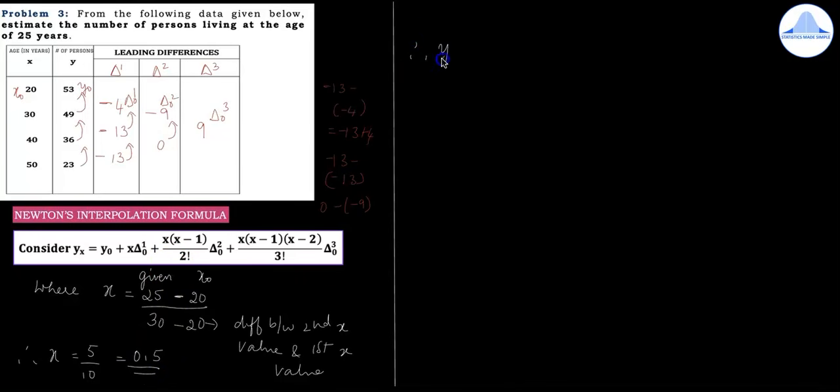So therefore y, in place of this x you should substitute 25, which is equal to 53, that is your y0. Then plus 0.5 into minus 4 plus 0.5 into 0.5 minus 1 divided by 2 factorial is 2, and delta naught square is minus 9.